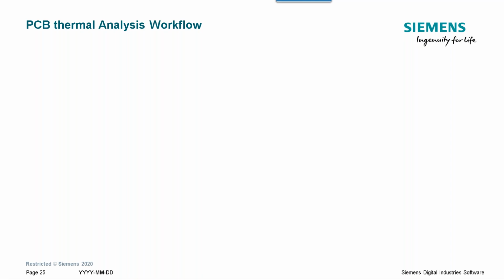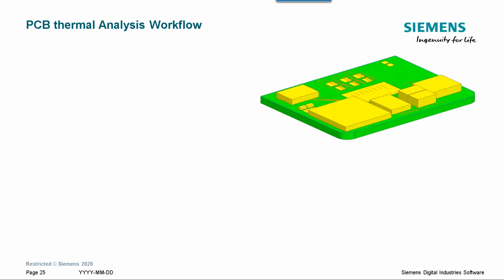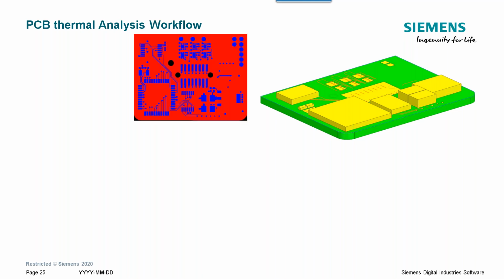I'm going to be importing ECAD data coming to me in the format of ODB++ file for this demonstration. This is going to give us the board outline as well as the generic component shapes. I will then use the copper content and board stack up information to generate orthotropic conductivity fields for each layer.